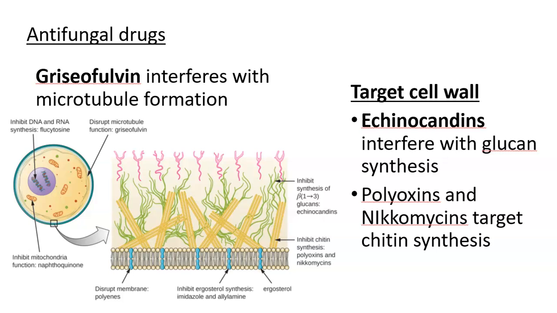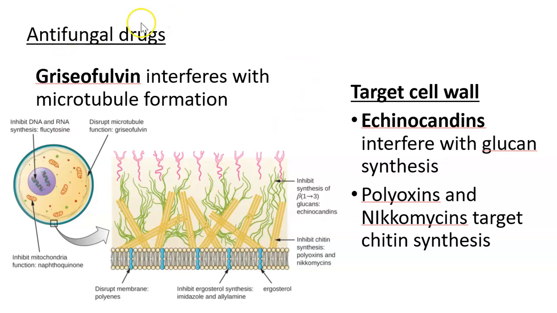In the absence of that cell wall, the cell is going to be much more sensitive to osmotic lysis, and as opposed to just leaking out the cytoplasm, now the cells are going to be lysing. There also can be chitin in the cell wall for fungus cells, and so we have another target for these polyoxins or nikkomycins, which can interfere with cell wall synthesis.